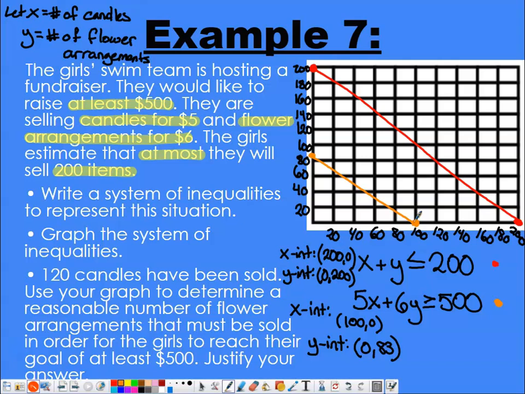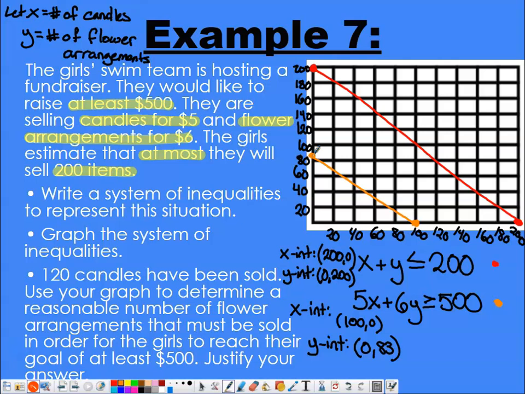Now we have to go ahead and determine the shading. For this red line, we have less than or equal to, which means we're going to be shading below this red line. And for the orange line, we have greater than or equal to, which means we're going to be shading above the orange line.